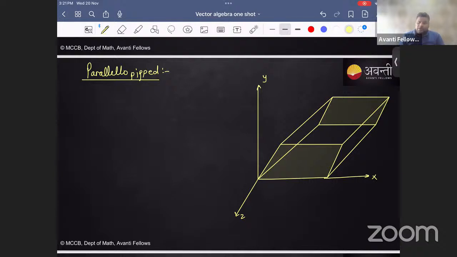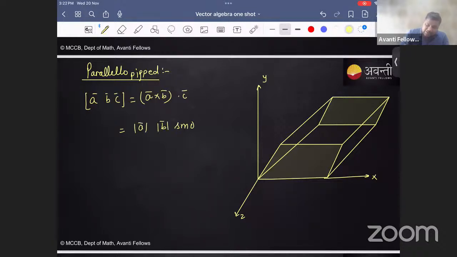Got it? Now see, we were talking about box ABC a while back. That is A cross B dot C. Now, if I write it magnitude A, magnitude B, sine theta n cap dot C. Now see, let us assume this is A, this is B, and this is C. Got it? So this AB sine theta is what?